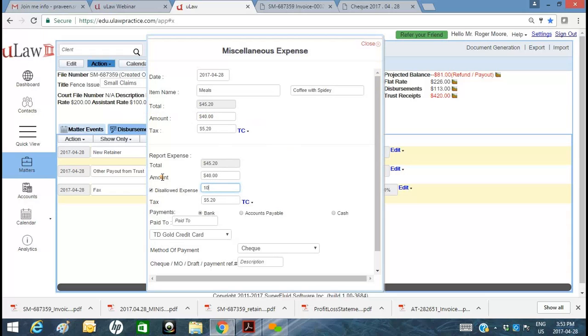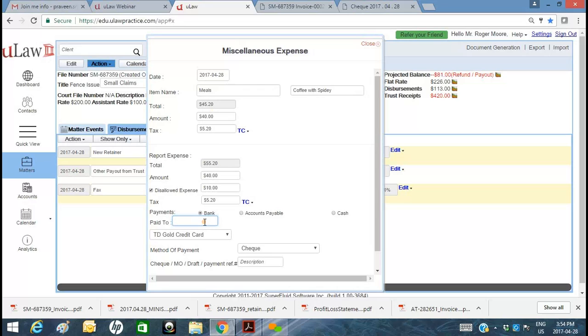That becomes an office expense. That is your office expense that you need to manage. So though the $45 is what you're charging your client as your general disbursement, $55 is really what happened in that transaction, where $10 is the disallowed expense where you paid a tip to that individual.